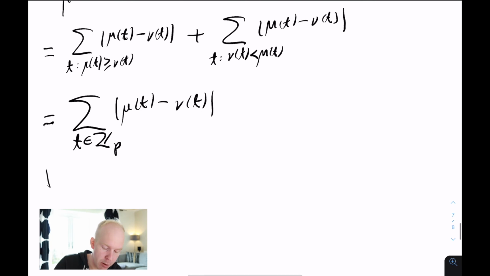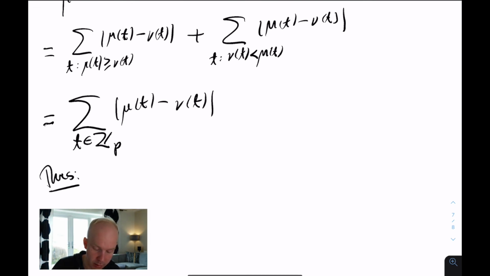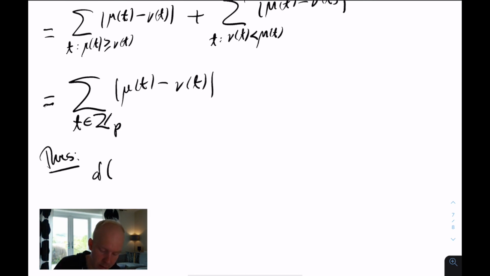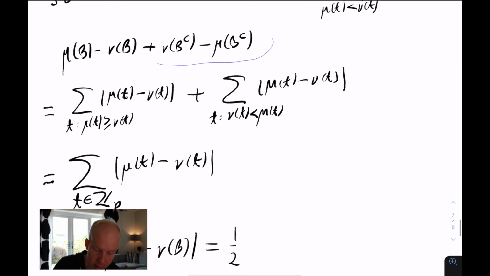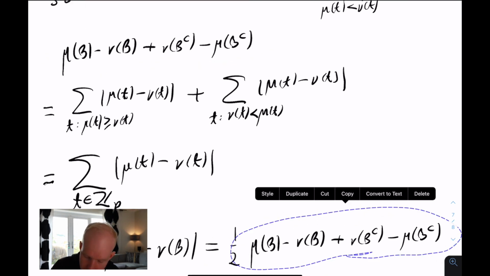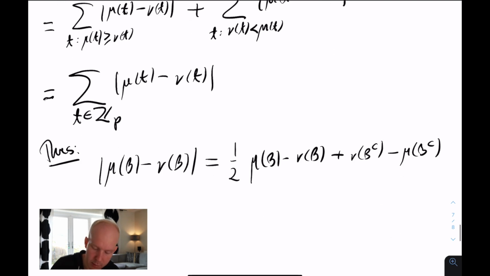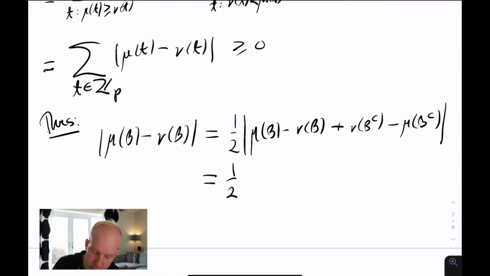So if we combine this all together, we get that the distance of μ(B) minus ν(B), which was equal to this half of the, let's actually copy this, this was what we had here, is equal to now half of the sum. Because this is non-negative, remember this is summing absolute values, we don't need to write the absolute values.